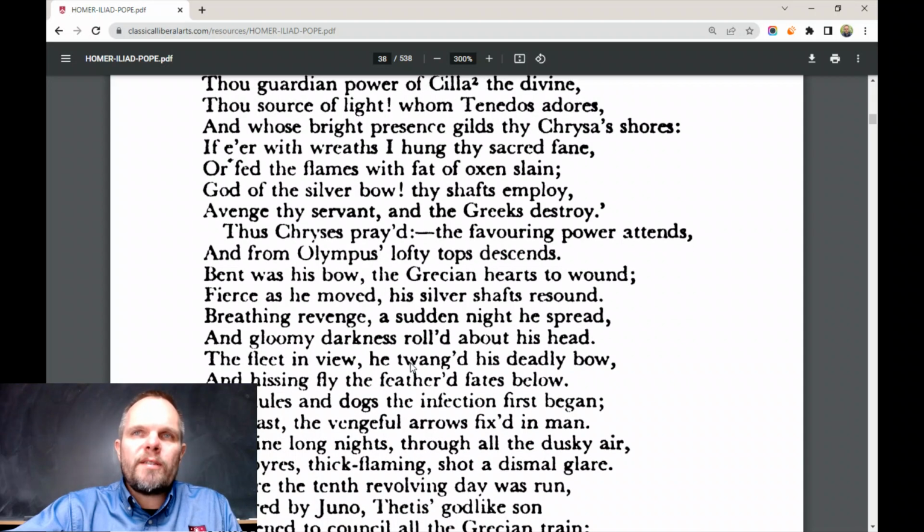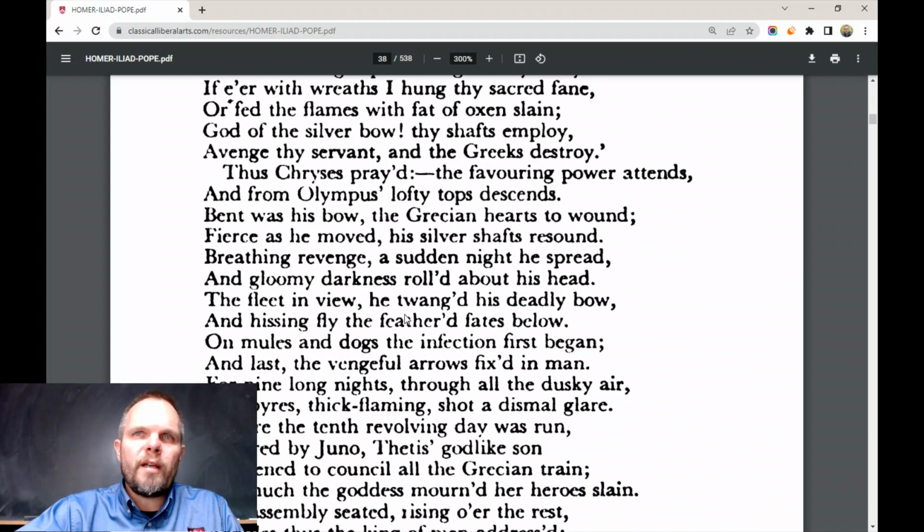Thus Chryses prayed. The favoring power attends, that is, Apollo hears his prayer. Attends means to give attention to, to listen to. And from Olympus' lofty tops descends. Bent was his bow, the Grecian hearts to wound, fierce as he moved, his silver shafts resound.